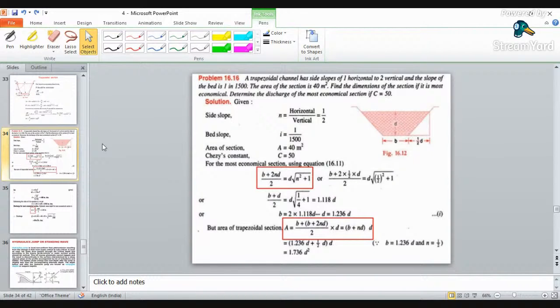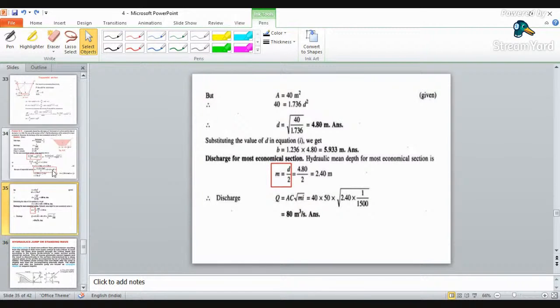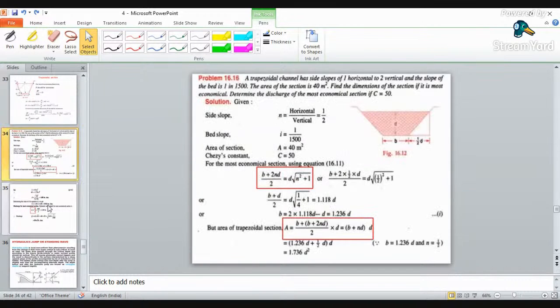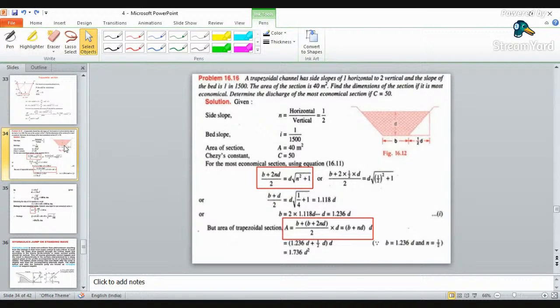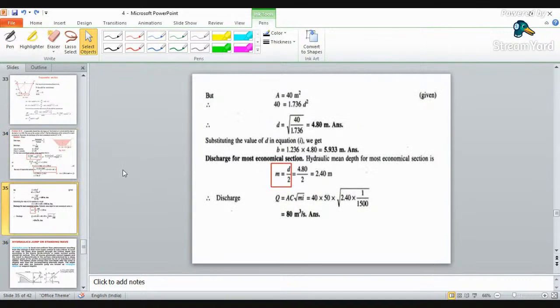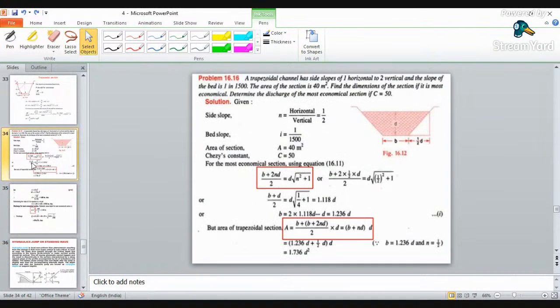By means of that, you will find the discharge. Okay. So you will get your d, that is the depth of water, as you just have to rearrange this equation.